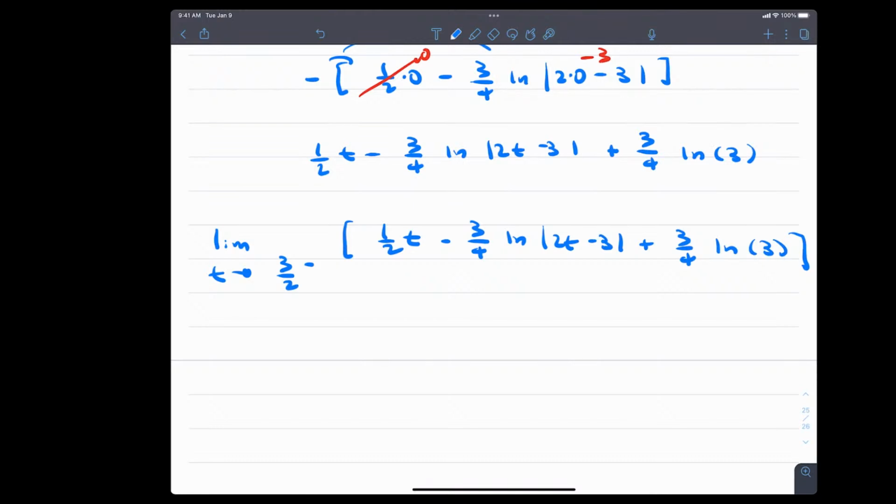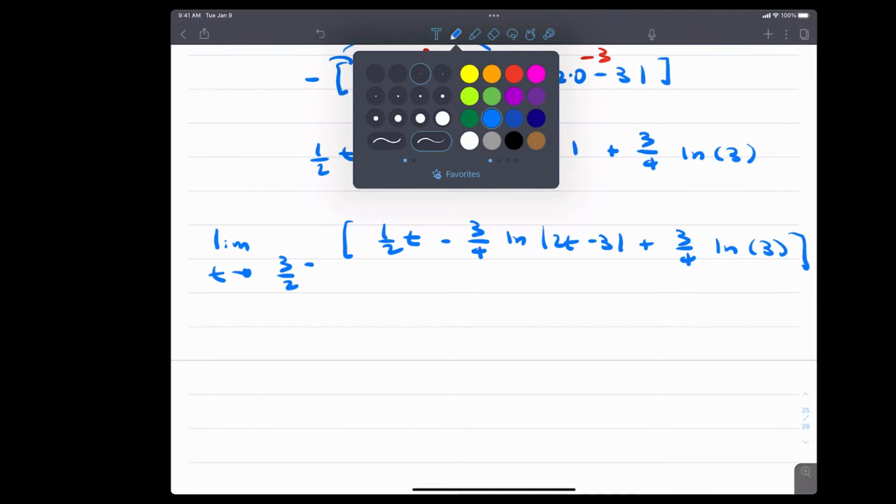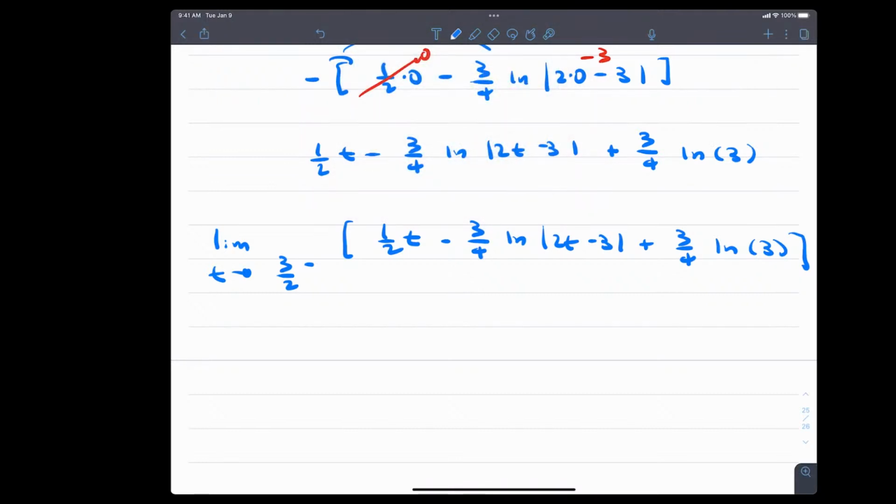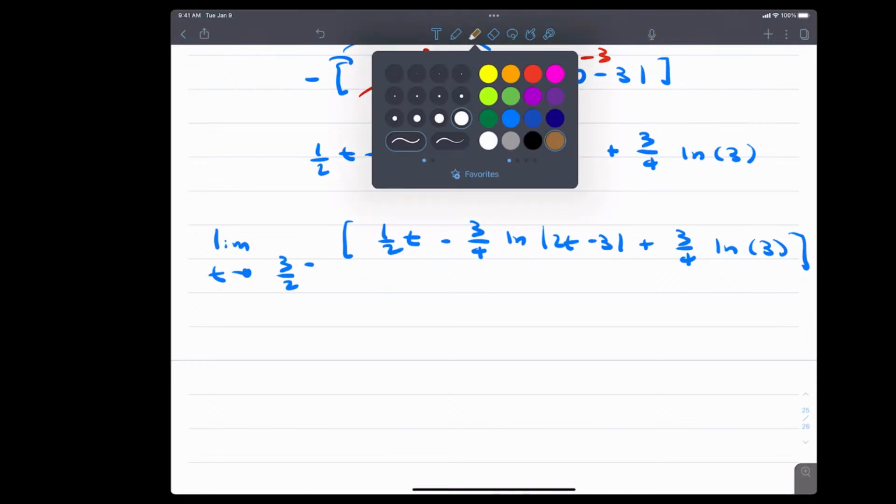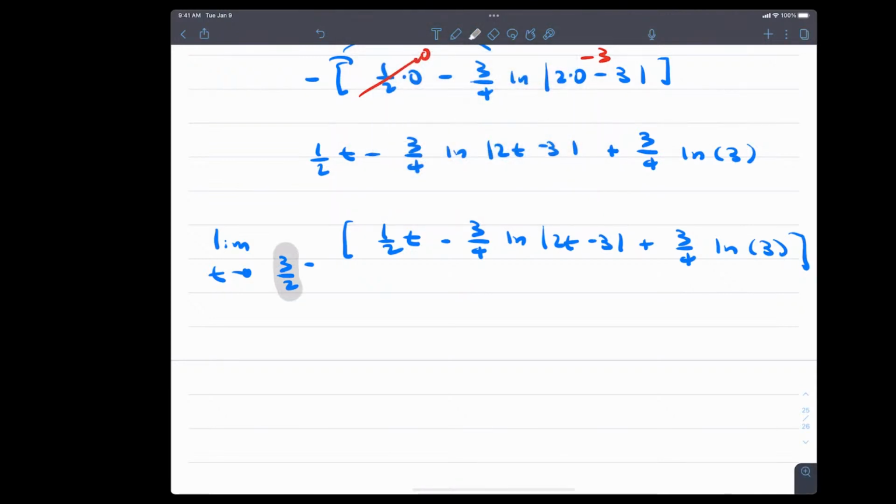All right, so we're going to have to wonder about this one here. What happens with this one here? Let's use properties of limits, right? Remember, t is going to what? T goes to 3/2 from the left.